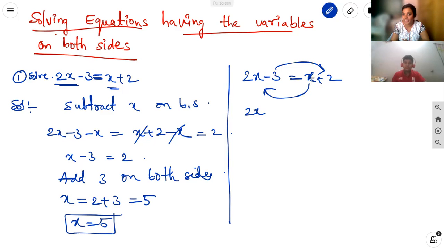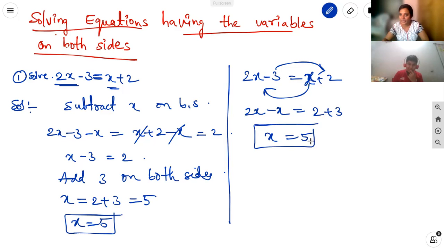So here plus x on the right, taking it to the left side, becomes minus x. And this minus 3 taken to the right side becomes plus 3. So 2x minus x is x equal to 2 plus 3 is 5. It is the shortcut method, the transpose method. The other method is first eliminating the x term, then eliminating the constant term on the other side. In both cases we get the same answer.